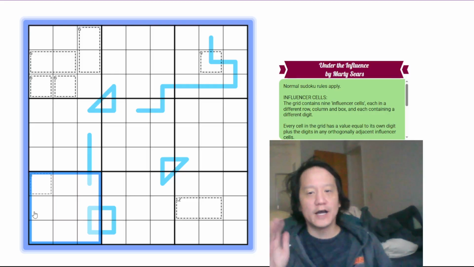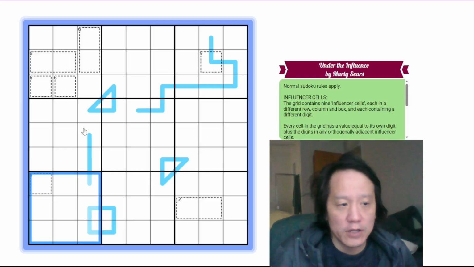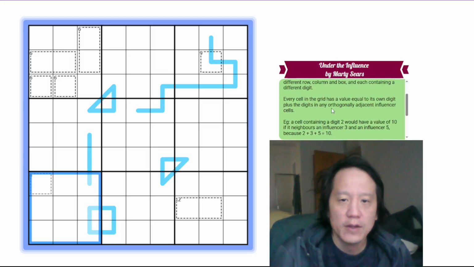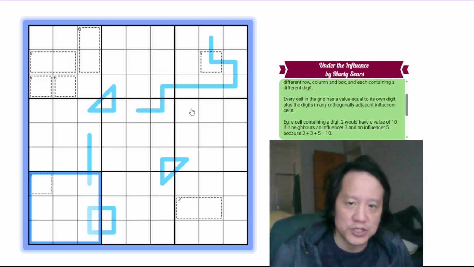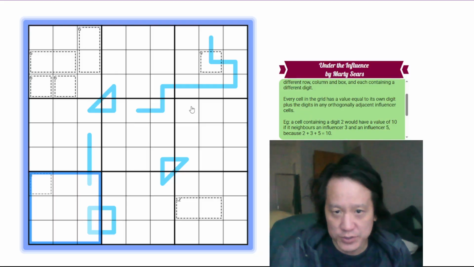So there are 9 influencer cells in this grid, 1 per row, column, and box, and they all contain different digits, so there are no repeats in the influencer cells. Every cell in the grid has a value equal to its own digit plus the digits in any orthogonally adjacent influencer cells.